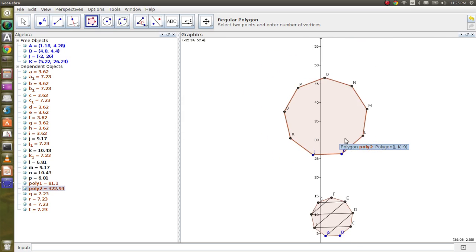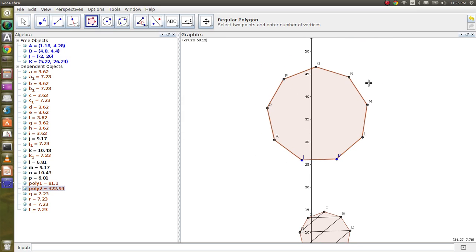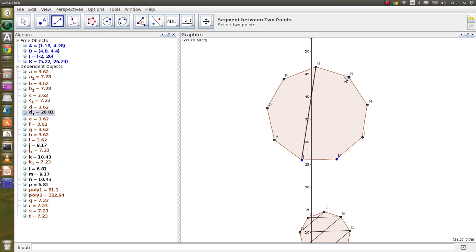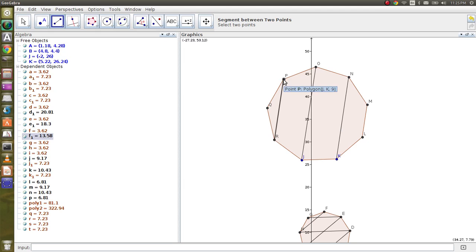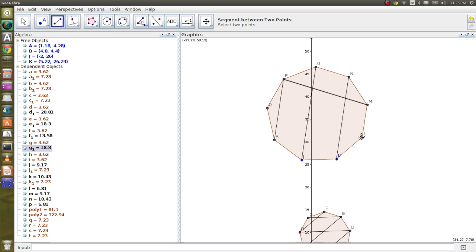Now let's consider the points, say J, K, O, N and Q. We see that we can construct a trapezium as shown. Again, suppose we take P, R and M, L, K. P, R, M, L, K would lead to this trapezium. M, L, P, R.